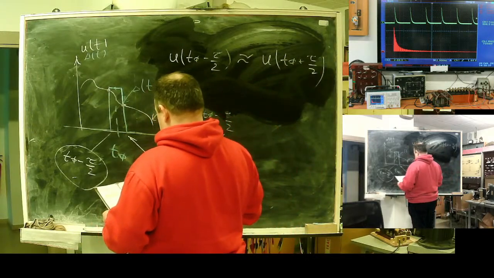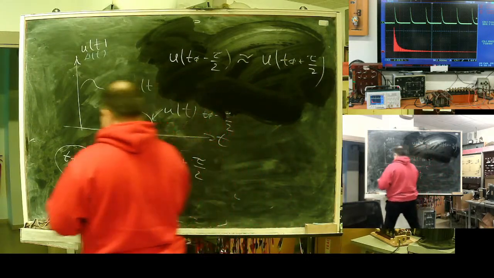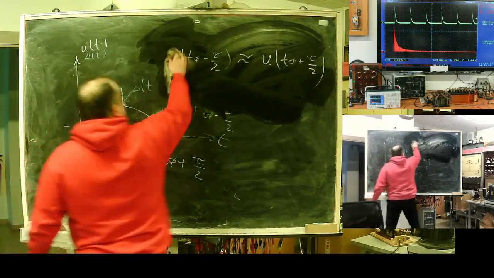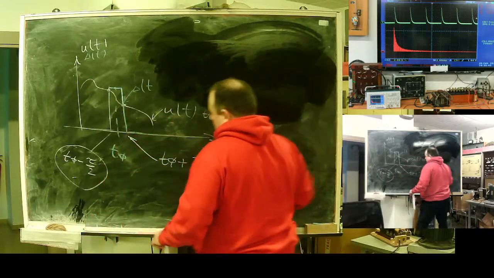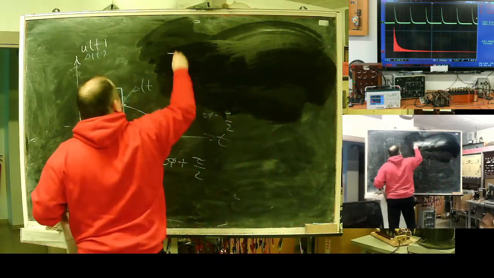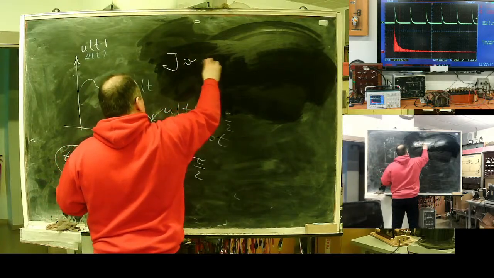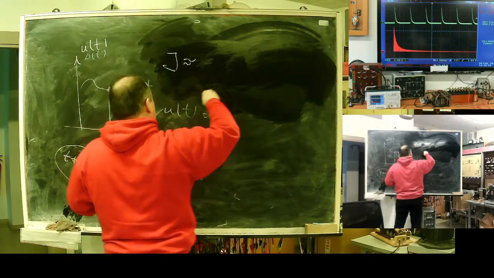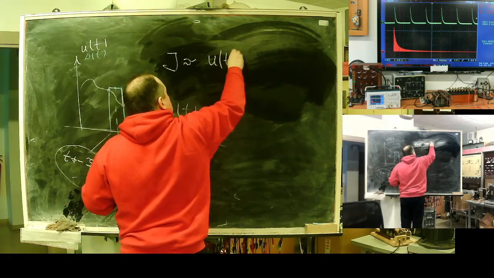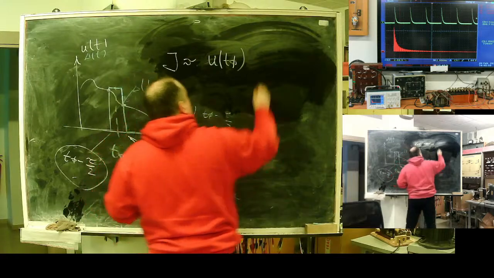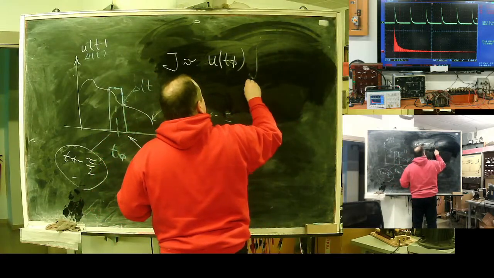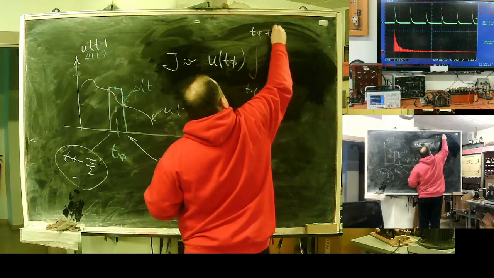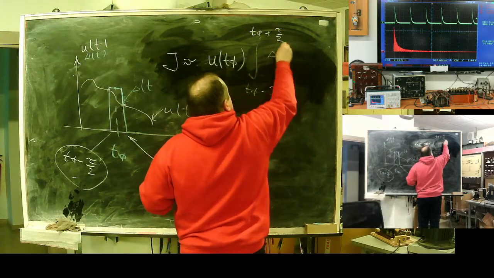This allows me to approximately write its average value at T0. Here I will have the integral from T0 minus tau by half to T0 plus tau by half, with tau.